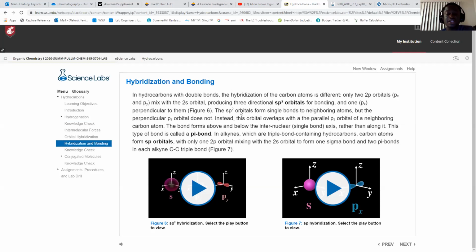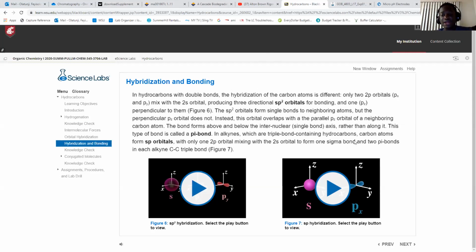So 2 atoms can only be connected together via one sigma bond. If there are any extra bonds connecting them together, then they are all pi bonds. So in your sp2 hybridized carbon, you have your carbon bonded to 3 different atoms, one of which is a double bond. For those 2 atoms that have the double bond, one of them is a sigma bond, the other one is a pi bond.